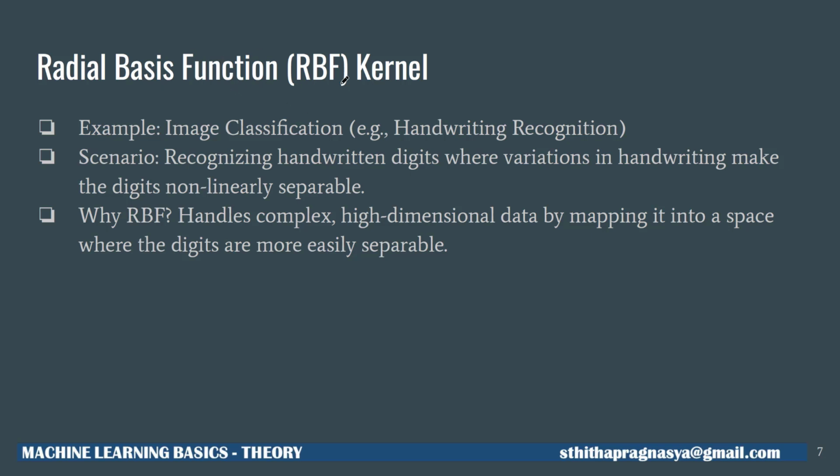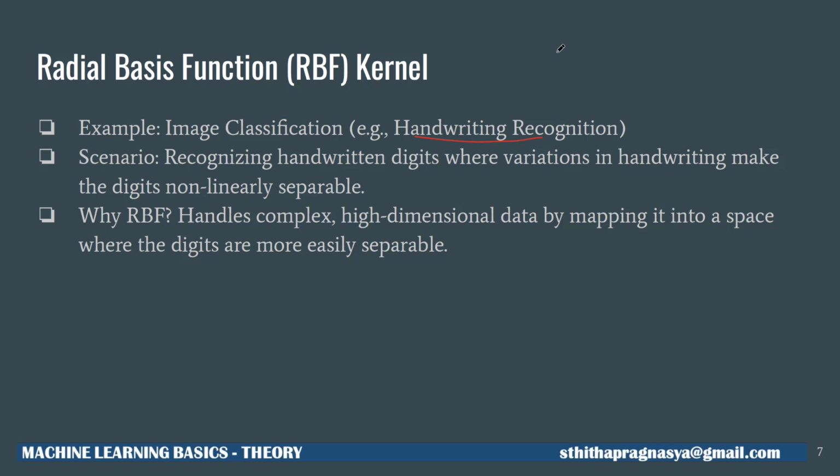So radial basis function, you would use it in image classification like handwriting recognition. Remember when we learned neural networks, we did the step-by-step explanation using handwritten digit images. Suppose you are building a system to recognize handwritten digits. The variations in handwriting styles mean that the digits are not linearly separable, right?